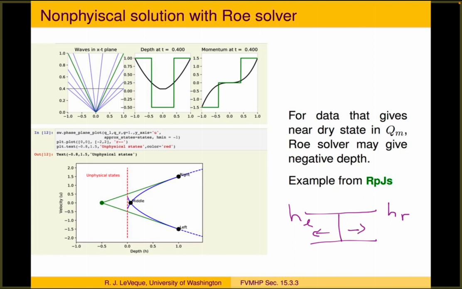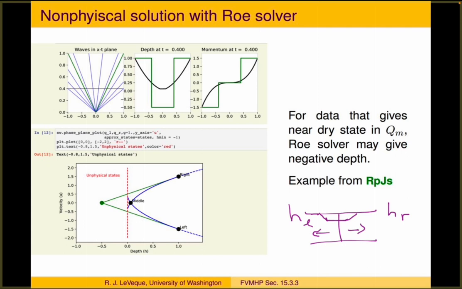And if you have just a small enough velocity jump relative to your jump in h, then what you get is two rarefaction waves that move out with some lower depth in between.